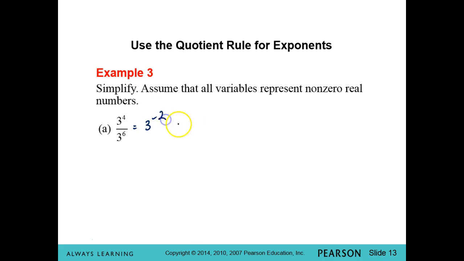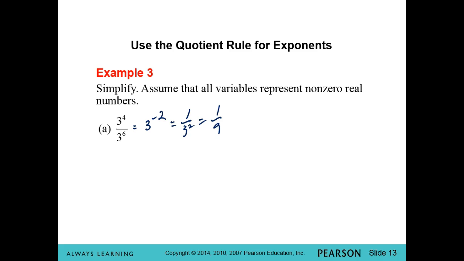Second power? Perfect. And what's that? 1 over 3 squared. And what's that? 1 over 9. Perfect. Okay? And actually, when I look at this, I picture 4 factors of 3 up there, 6 factors here, and divide out those, and you're left with 2 factors down here. That's 1 over 3 times 3 is 9.